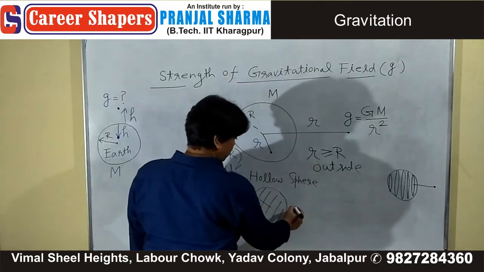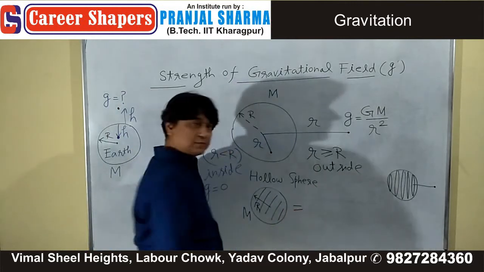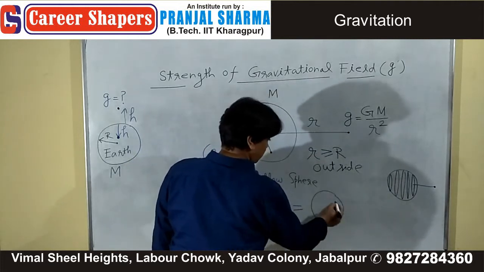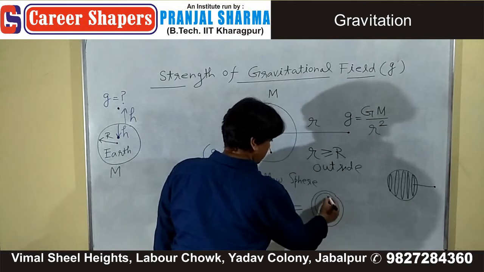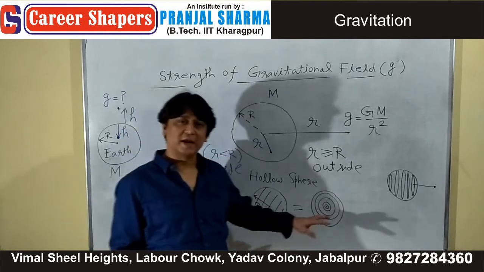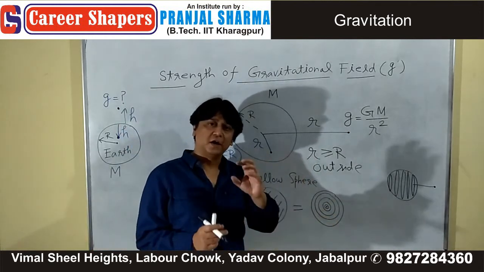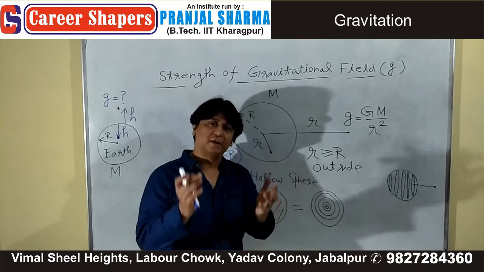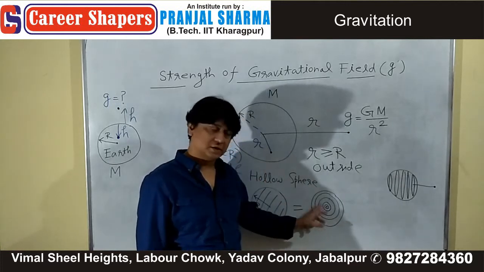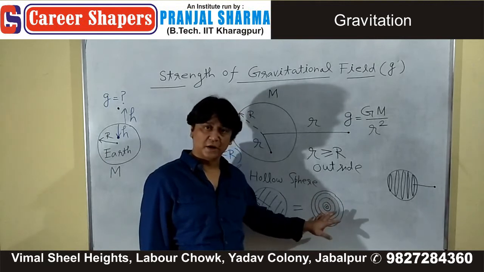Now, this solid sphere is nothing but a collection of several hollow spheres. If you have several concentric hollow spheres, just like an onion, different onion shells, collectively they make what? A solid onion. All these are what? Shells. Collectively it's what? An onion.